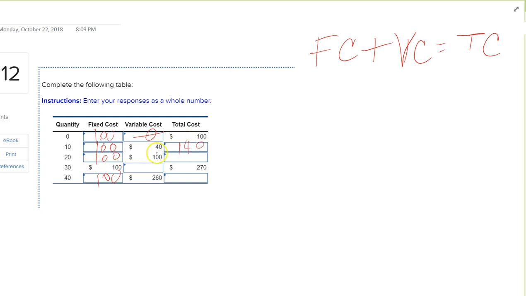If we've got 100 and 100, total cost is 200. See how easy this is? If our fixed cost is 100 and our variable cost we don't know, but we know our total cost, we do some subtraction here. We've got variable 170, and here we're going to add these up. So this one, really, really basic. It's just really asking you to understand this concept, this equation.